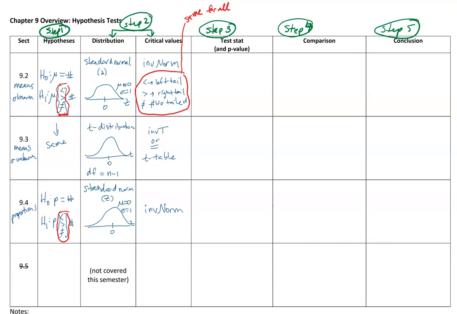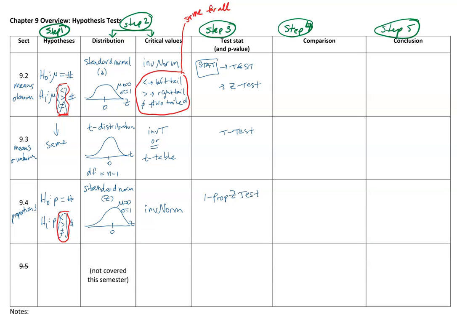And then for step 3, I'm going to encourage everybody to use the calculator. So in the stat button, we'll go to the tests area. For means sigma known, we'll use the z-test. For means sigma unknown, we'll use the t-test. And for proportions, we use 1-prop z-test.